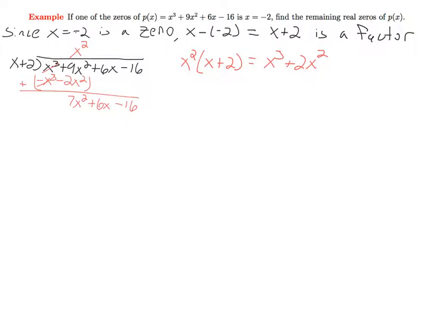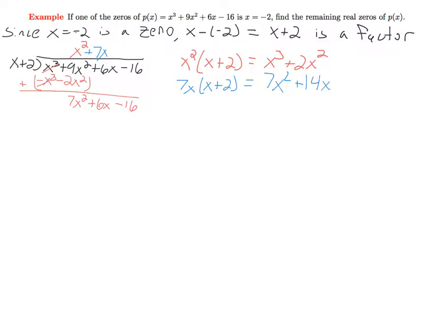And now we need to identify, well, what should I multiply x plus 2 by in order to cancel the leading term 7x squared, and that would be 7x. So we're going to put 7x, and we're going to multiply 7x times x plus 2, the divisor, and that gives us 7x squared plus 14x.